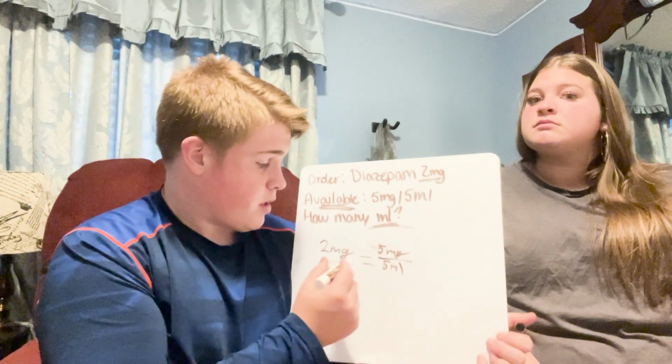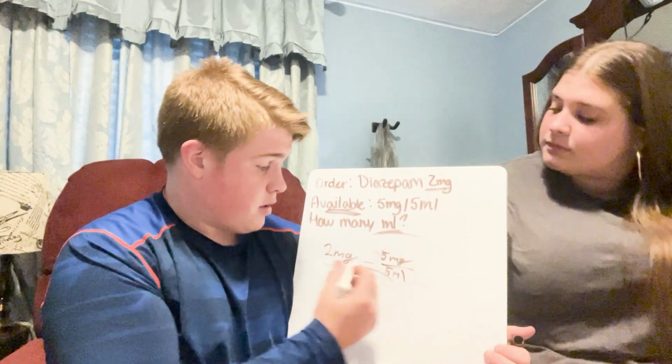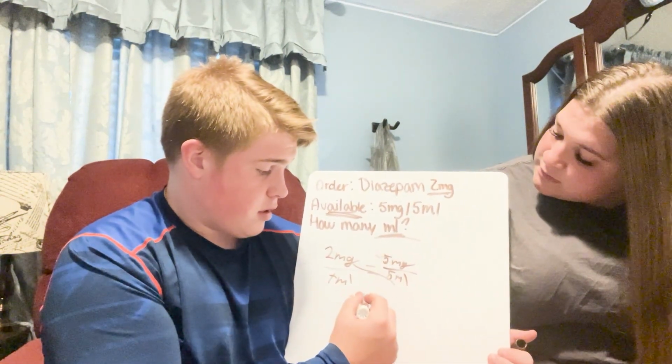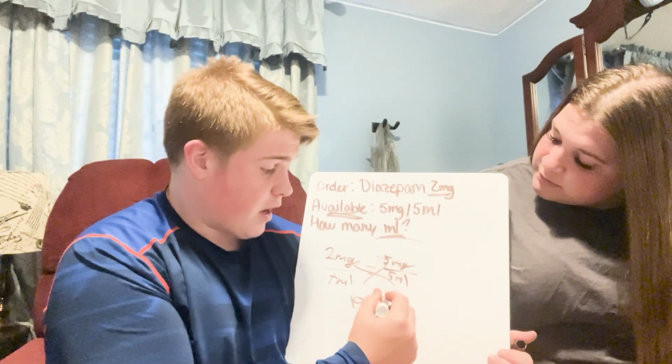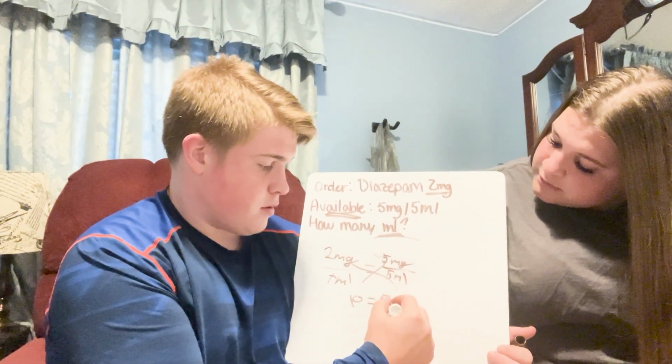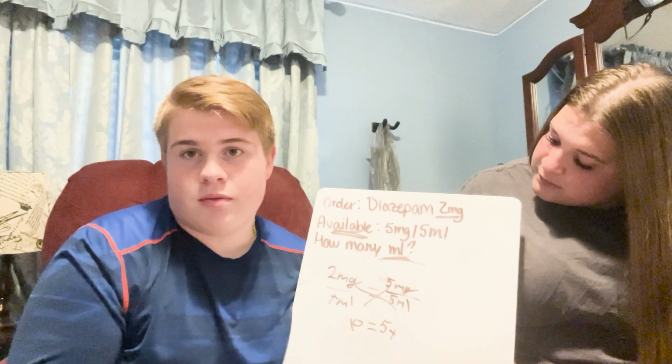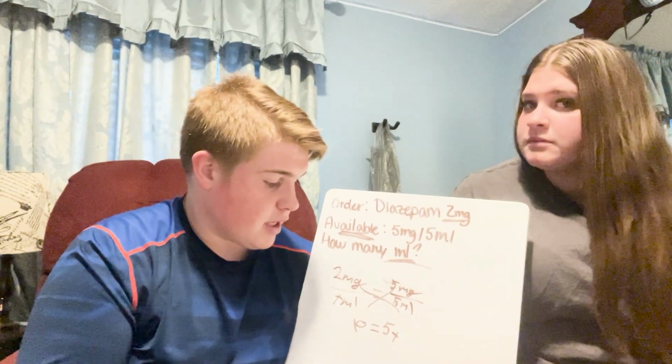After that we cross multiply, and you'll get 10 equals 5x. Now, just like any other math equation, we have to get x by itself. So you would divide both sides by 5.